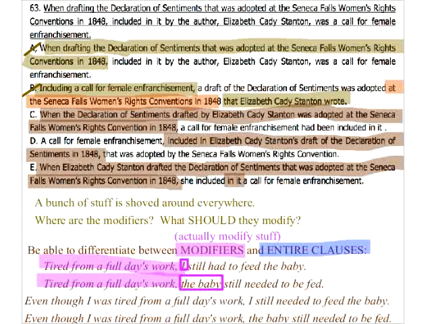So they don't modify particular elements. As long as they're placed in some place that makes sense, those are fine. So both of these latter ones are correct because they both make sense and you're not modifying me or the baby because those are separate clauses.